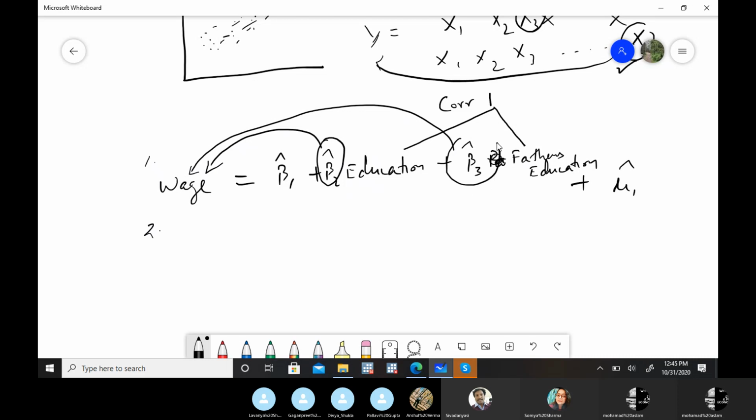For that the coefficient is beta 3. But if these both are perfectly correlated, then it's not possible to describe whether the change in wages is because of education or because of father's education. Because in the partial slope coefficients, we keep other things constant. But if this other thing is perfectly correlated, technically it's not possible to keep it constant. So then it's not possible to find the effect of education on wage, and the individual impact of father's education on wage.